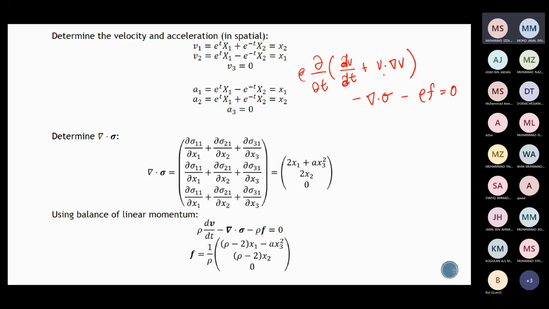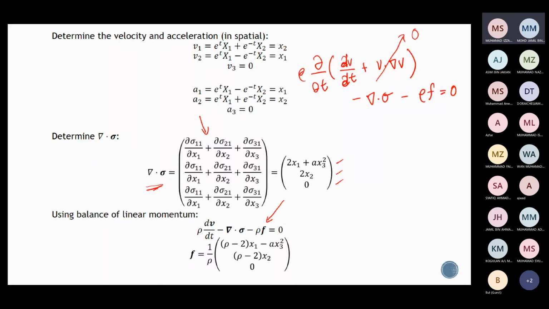Usually we ignore this part here, but we still take the acceleration, the rate of change of velocity. After you calculate del dot stress, this is the relationship for del dot stress. You get a vector, three values. After you get the acceleration and the del dot stress, you can substitute into this relationship here.